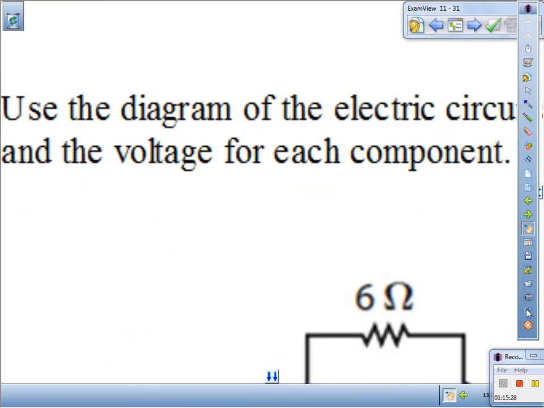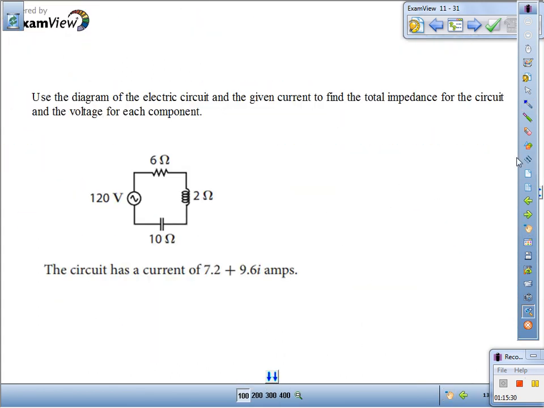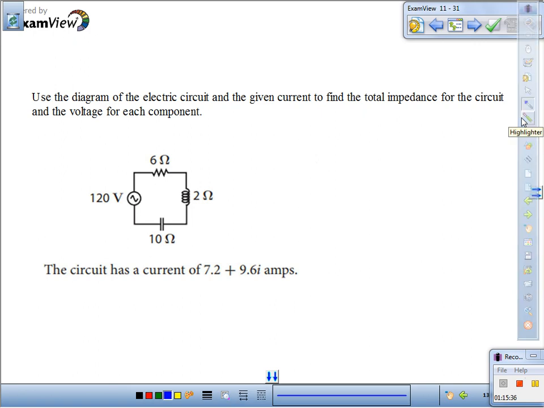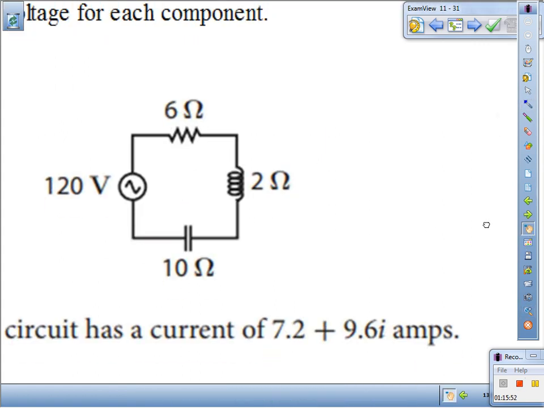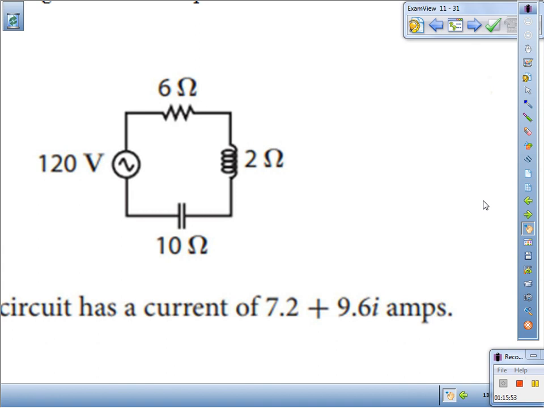Here we go. It says, use a diagram of the electronic circuit and the given current to find the impedance for the circuit. First of all, let's write the names of each part to see if we remember what they are. Go.